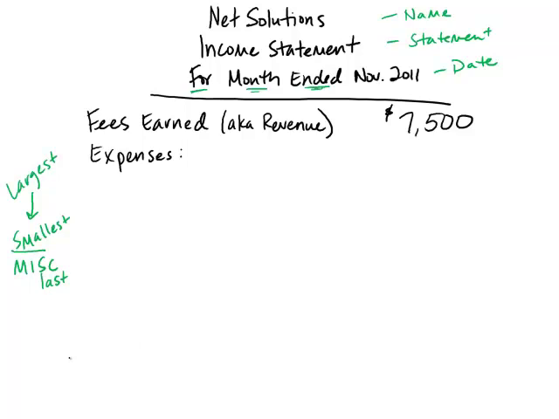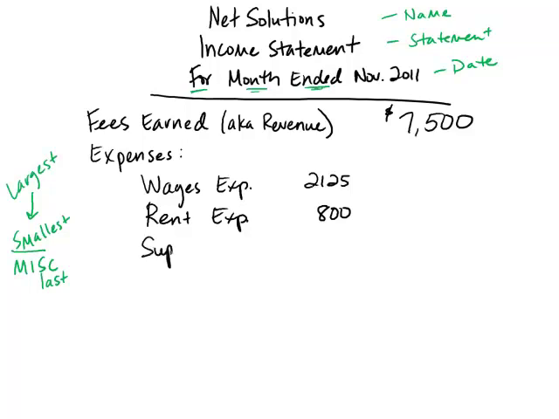So the largest would be wages. Then we have rent expense, which was $800. We also have supplies expense. Don't forget that one down there in transaction G. So we'll put that next because it's $800. Then utilities.